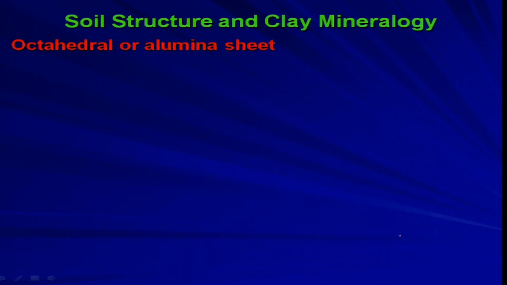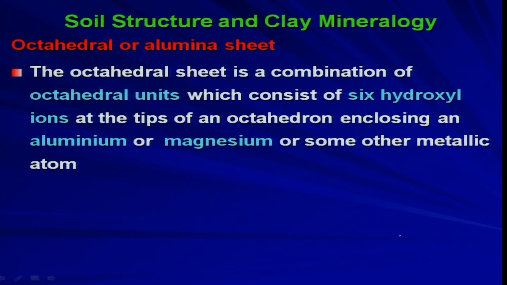Now, coming to the octahedral or alumina sheet. The octahedral sheet is a combination of octahedral units, which consist of 6 hydroxyl ions at the tips of an octahedron enclosing an aluminum or magnesium or some other metallic atom. So, at the tips you have 6 hydroxyl ions, whereas inside you have aluminum or magnesium or some other metallic atom.